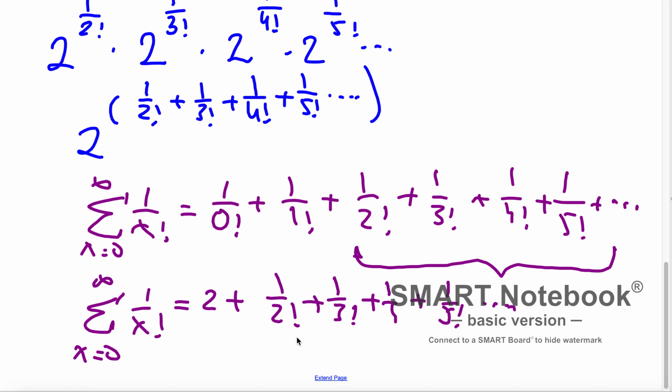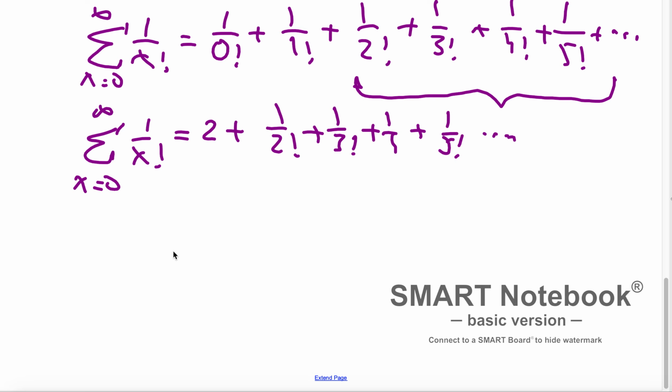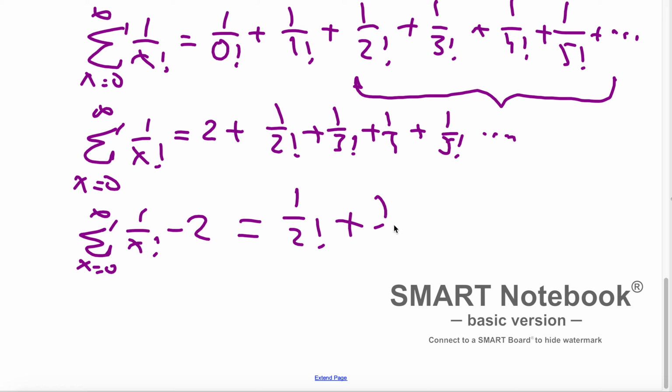But now I want to adjust this form. I'm subtracting 2 from both sides. If I subtract 2 from both sides, then the series, x equal to 0 to infinity of 1 over x factorial, minus 2 is going to be equal to 1 over 2 factorial plus 1 over 3 factorial plus 1 over 4 factorial plus 1 over 5 factorial, and it goes forever.